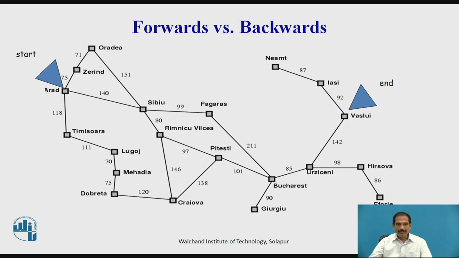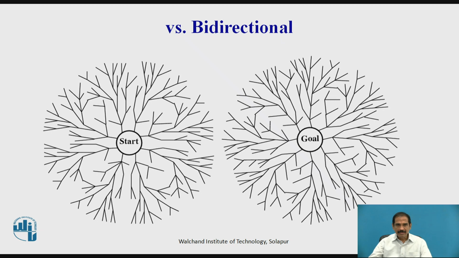I could apply these algorithms for forward and backward search. I can use depth first search, breadth first search, depth first iterative deepening, all the algorithms, and I could go in a bidirectional fashion from the start to the goal node.